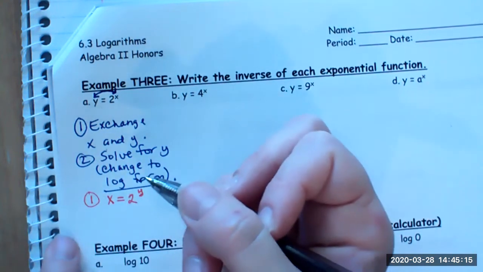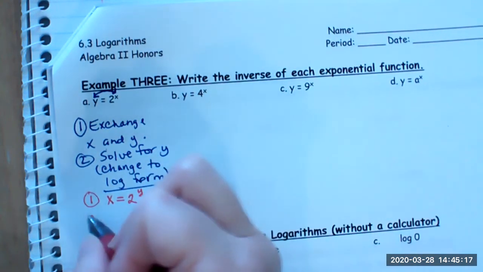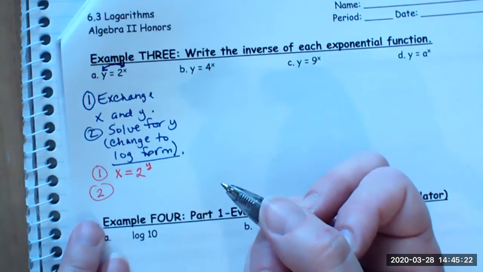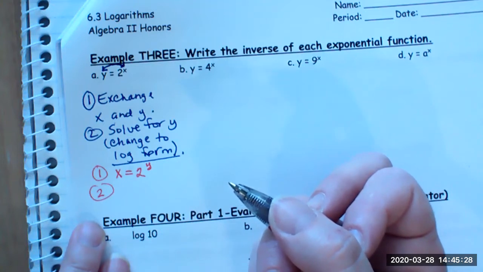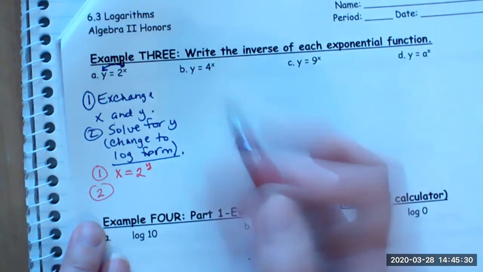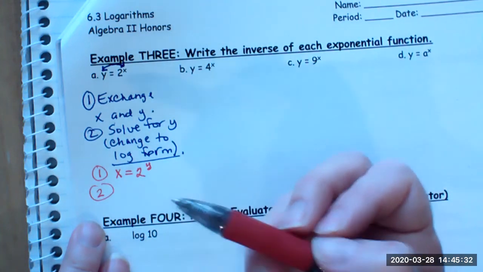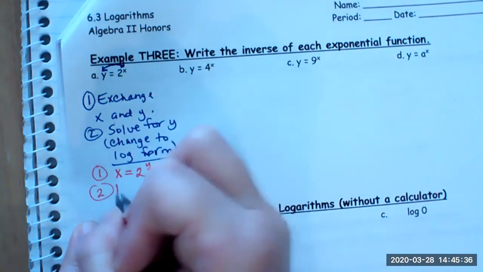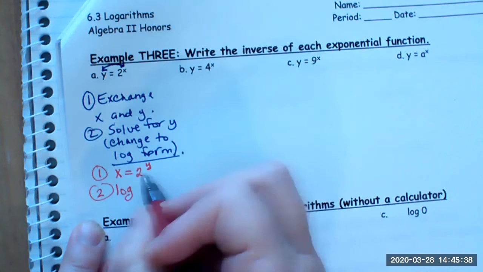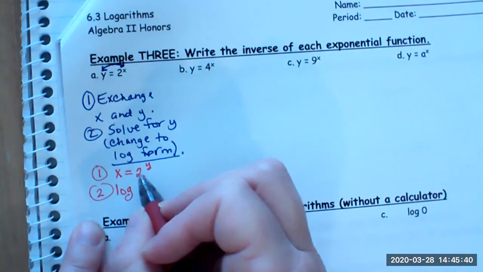And then number 2, we're going to change to logarithmic form. So basically, we're going to do exactly what we had just been doing, where we converted from exponential to logarithmic form, only this time we're dealing with variables instead of constants. Only difference. Okay? So I'm going to say log, the base I can see is 2.